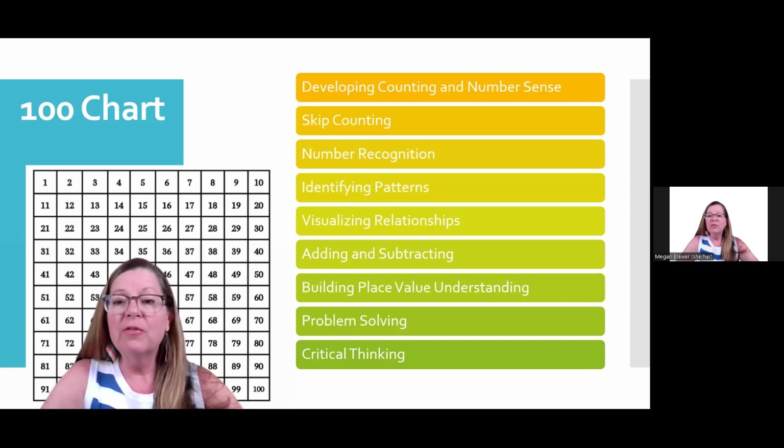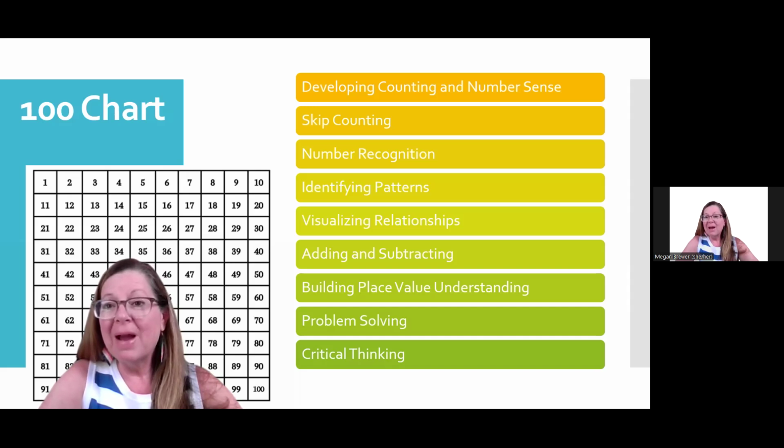This chart can be wonderful for skip counting by twos, having students maybe have their own copy of the 100 chart and color in green all of the areas they land on by skip counting by twos. Maybe having them skip count by fives, that's appropriate in first grade.